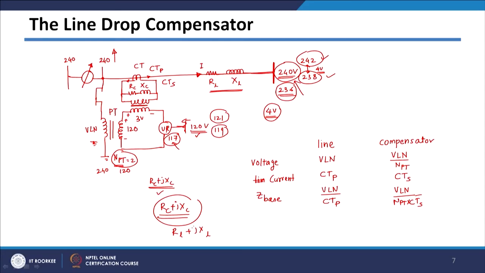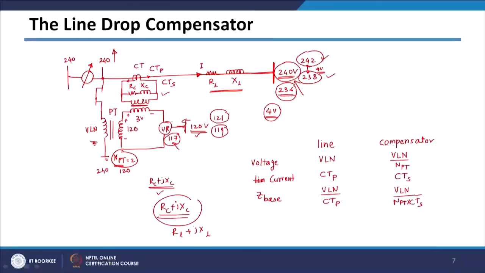So, if we are considering particular bases inside the line circuit and compensator circuit, and if you calculate per unit values of this and per unit values of this, they should come equal, because if they are proportional and you are considering particular base quantities in the particular circuit, the per unit values should be equal.